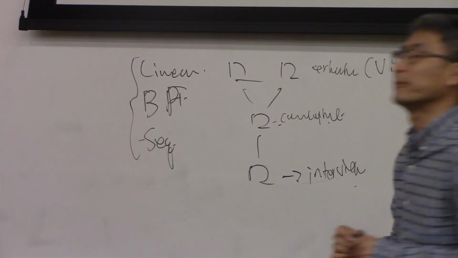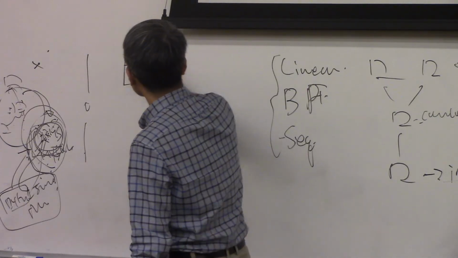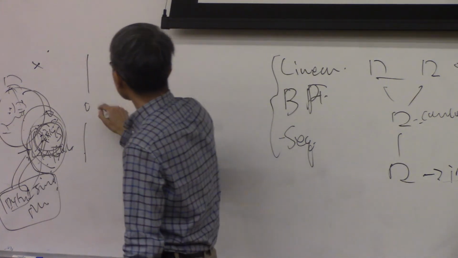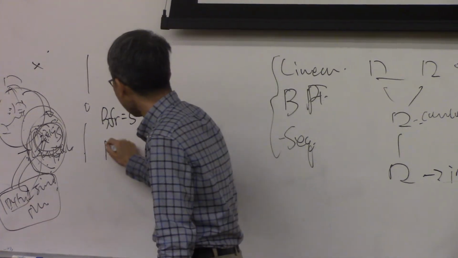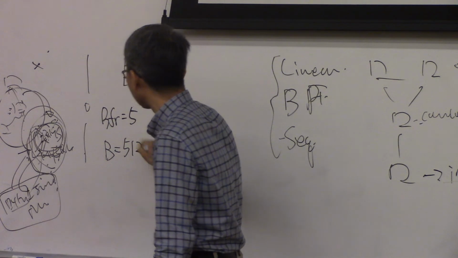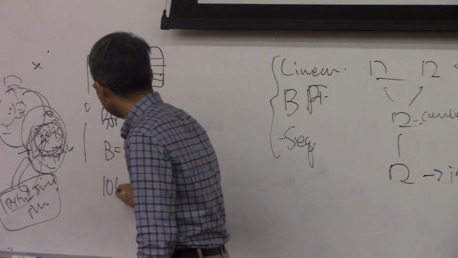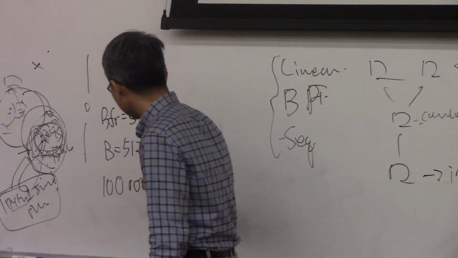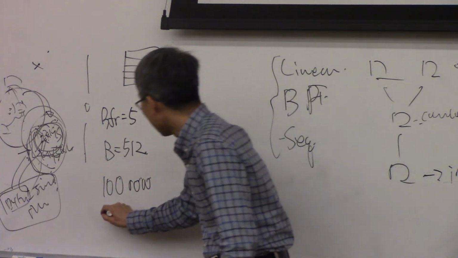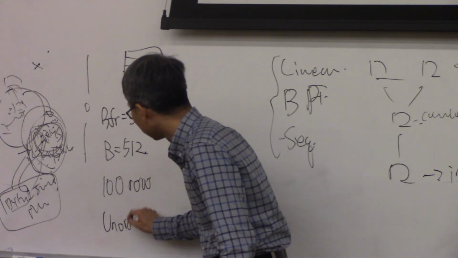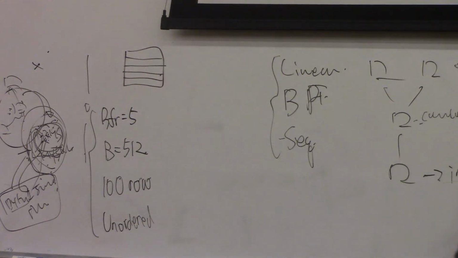Okay, question. The blocking factor is 5, and the block size is 512 bytes. When you have 100 rows, 100 records, and this is an unordered file, this is the given condition.